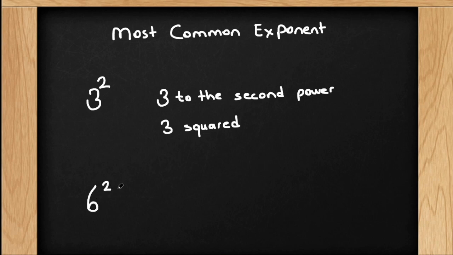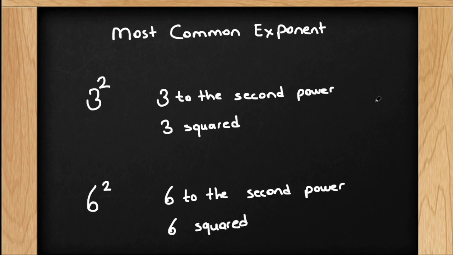6 to the 2nd power would be 6 squared. Why do we use the term squared? Let me explain it. For example, we want to calculate the area of this square shape.